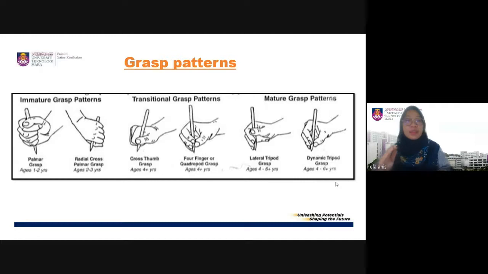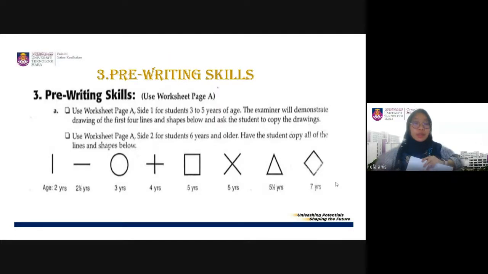Okay, next one. I will combine the explanations of hand control with pre-writing, because we observe hand control from the first moment we give the pencil to the child. Naturally we see which hand they take, and we immediately look at their grasping pattern.